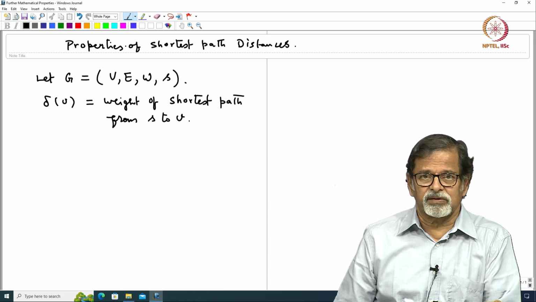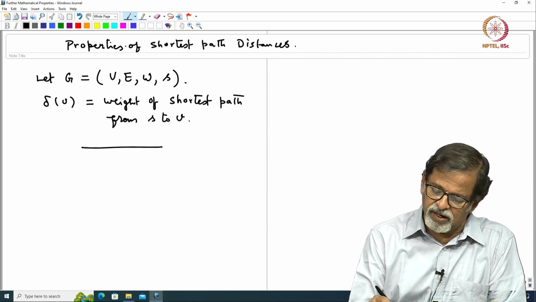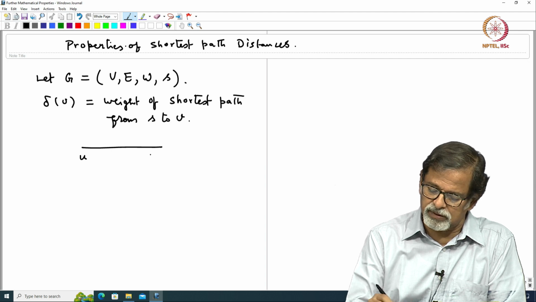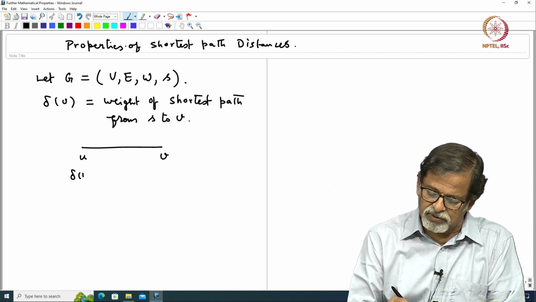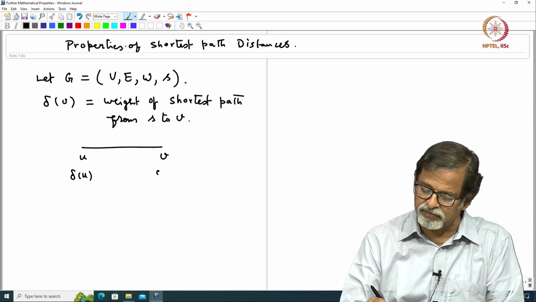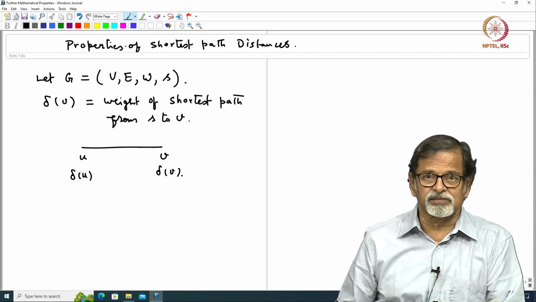These notations we have introduced already, and suppose we have an edge uv. You have the value delta u associated with this and delta v associated with this.